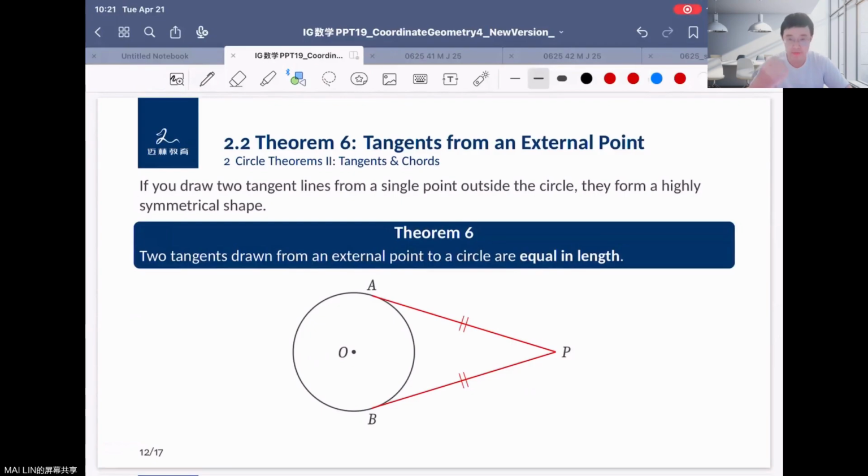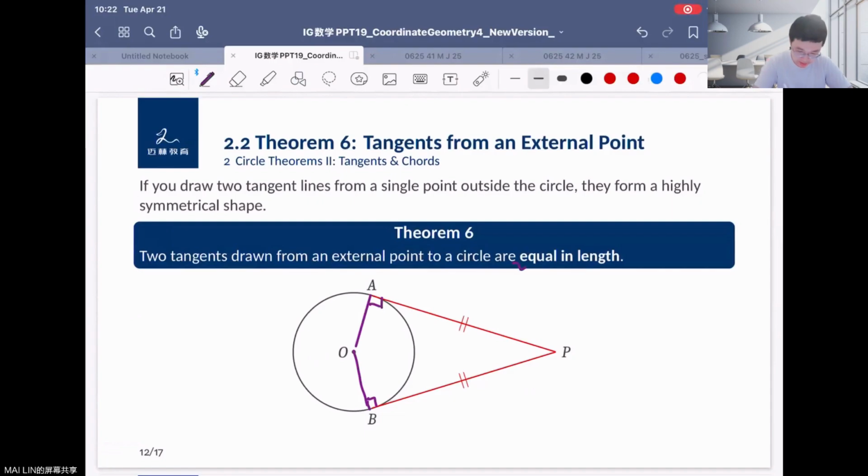The tangent PA has only one intercept, A, with the circle, and OA is perpendicular to PA. And OB is perpendicular to PB. That is for the tangents from an external point. So we can also say PA's length equals PB's length.